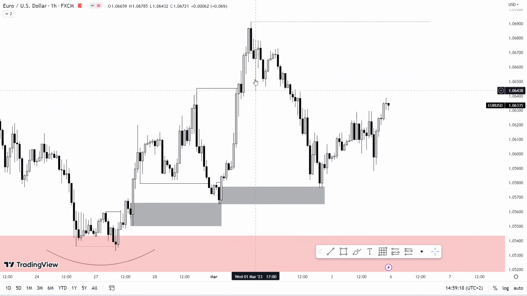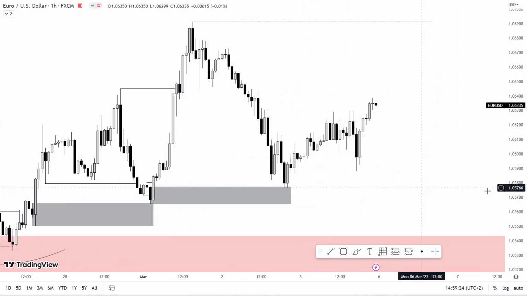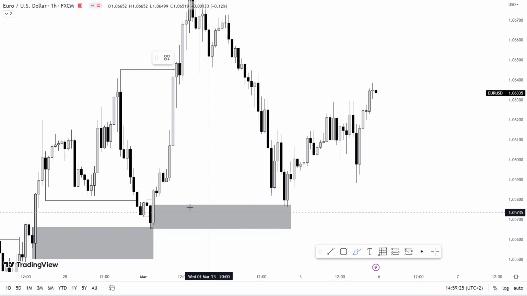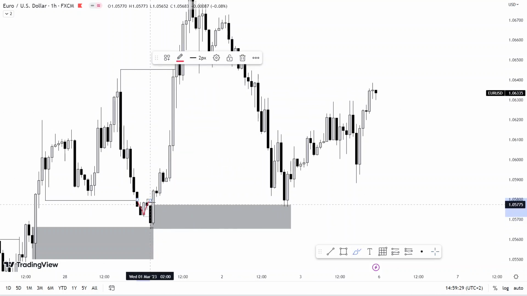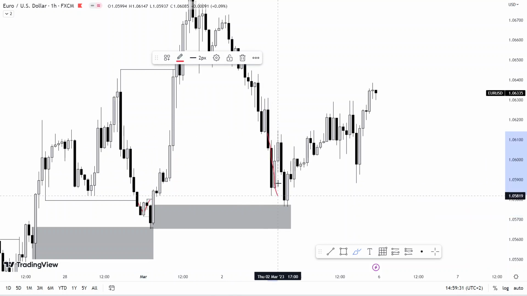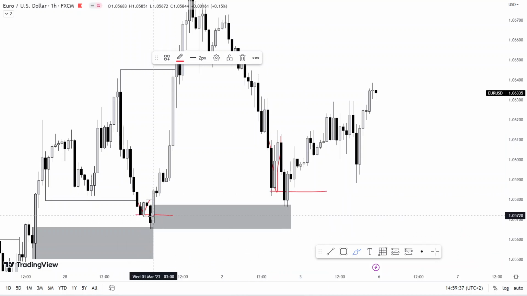So fine, price traded higher like that, and then came back here before trading into the zone. Did the same thing, just like here. It made this low right here. Let's just change it to red. It made this low, and just like here, made this low right there, and then it took out that low with this move, right?